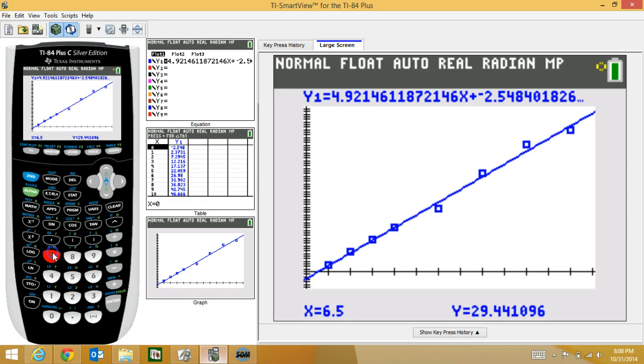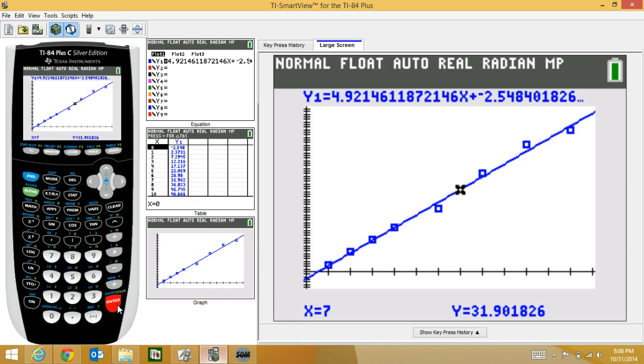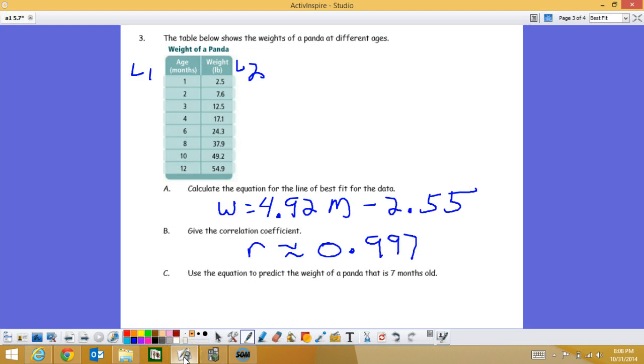And we're just going to hit 7. So you have X equals 7 there, and then we're going to hit Enter. So the weight of a panda 7 months old is about 31.9 pounds. So we're going to go ahead and write this down. That's our answer for C, 31.9 pounds.